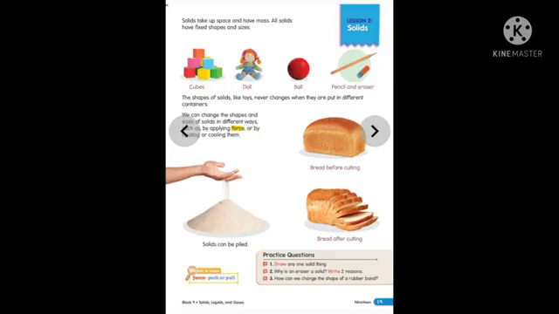We can change the shape and size of solids in different ways, such as by applying force or by cooling them. Here you can see bread before cutting. After cutting, it will change its shape and size.